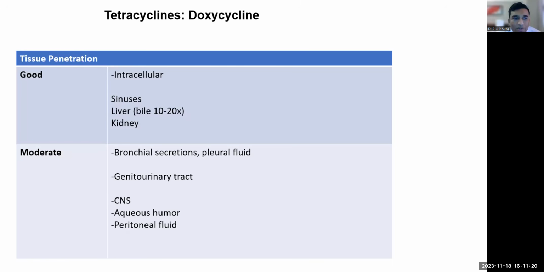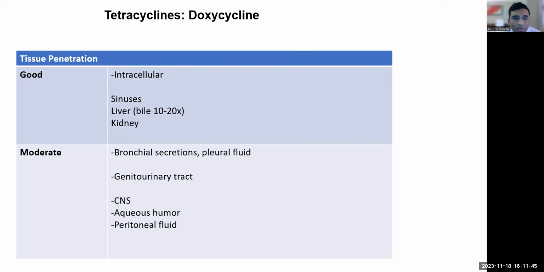Let's understand that doxycycline has very good intracellular penetration. It has a good level in the sinus, liver, and kidney. So it is a good drug whenever we talk about sepsis originating from these sites. Second, it has a moderate concentration in the bronchial secretion and pleural fluid, genitourinary tract, CNS, aqueous humor, and peritoneal fluid.